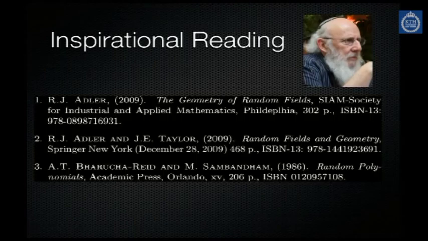Robert Adler has explored the interface between differential geometry, differential topology on the one hand, and random processes on the other, and has developed a body of theory that has to do with what's the geometric nature of random fields that have certain correlation characteristics, and asks questions such as, when might these fields be Morse fields, which implies a certain level of differentiability.